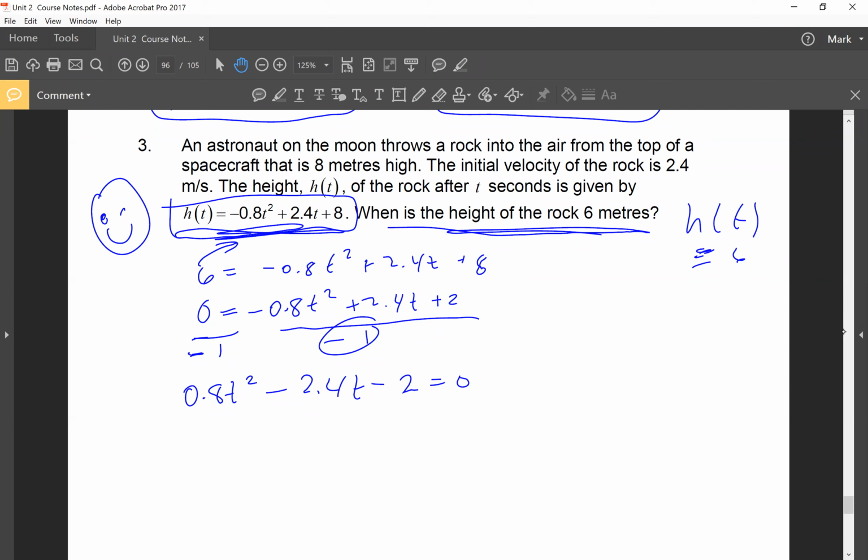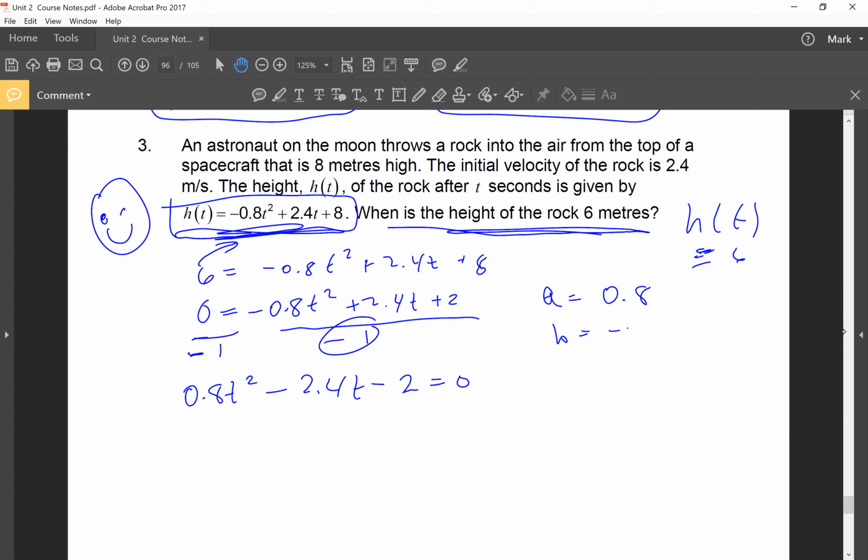Again, you don't have to do this, but this is how a math person would do it. You would divide everything by negative 1 to make the first term positive. Some of the students here might not have divided by negative 1. That's fine. You're going to get the same answer as me.